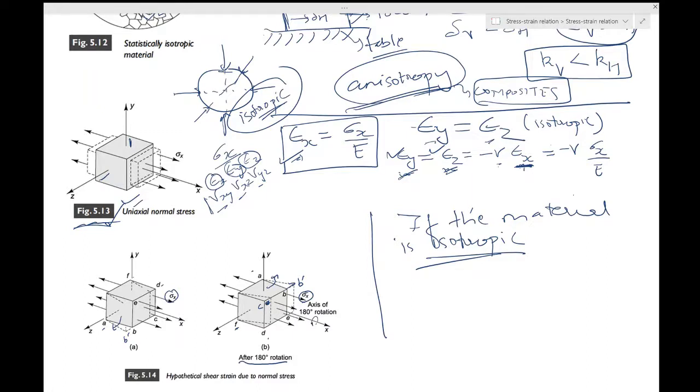Meaning, for the same applied stress after rotation by 180 degrees, you cannot have this deformation acting in an opposite sense. You should have had a deformation in the same sense because it's an isotropic material. So this contradiction can be avoided only if you say that there is no shear strain.